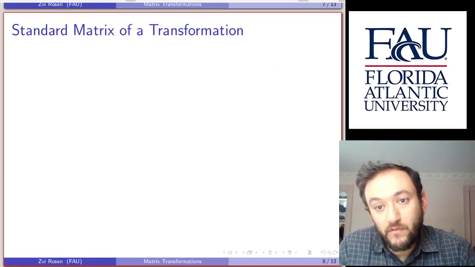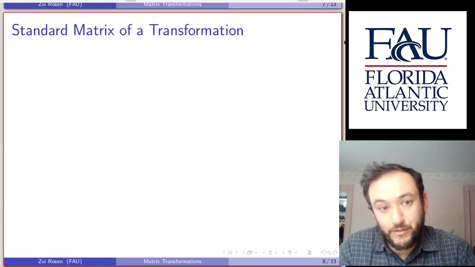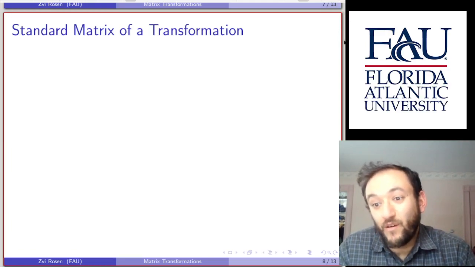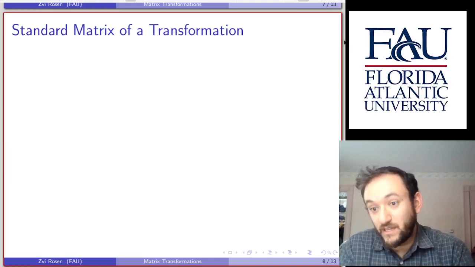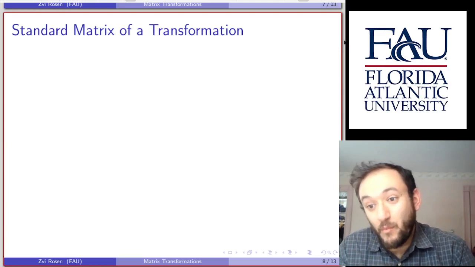So the cool thing about linear transformations is that every linear transformation is really a matrix transformation. It's coming from a matrix somewhere.